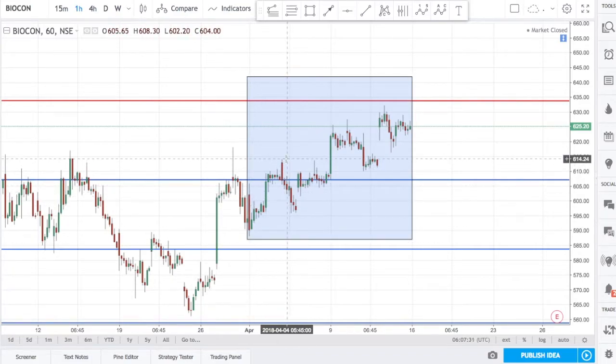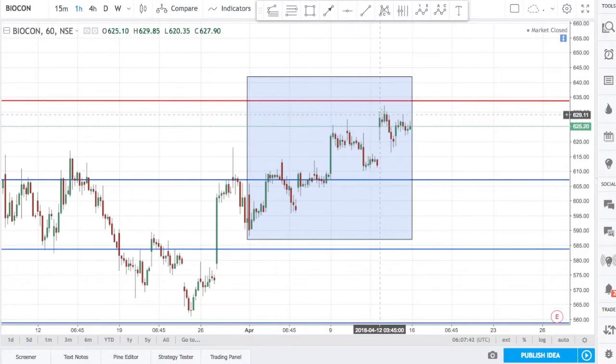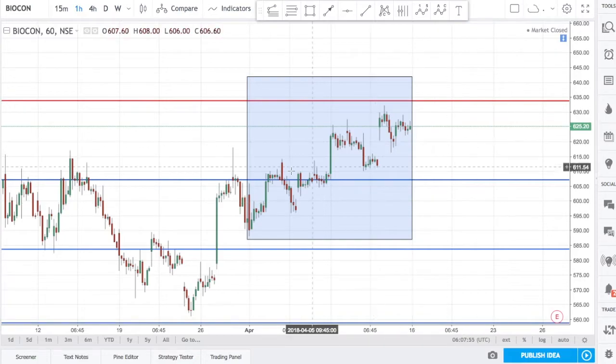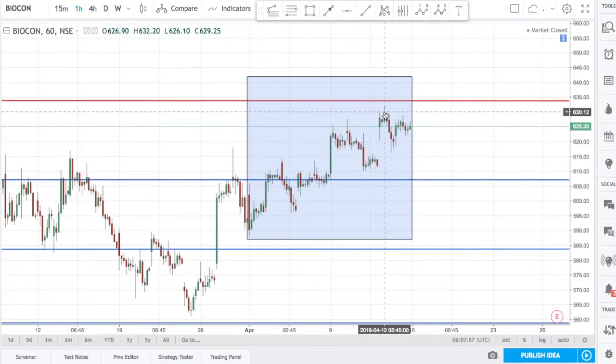We have an up move, a retracement, a second up move, a retracement, and a third up move, and the retracement on the third up move is in progress. In most cases, when we have 3 such harmonic moves, there is a possibility for this retracement leg to break below the most recent lower high.